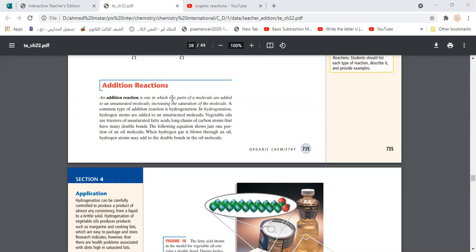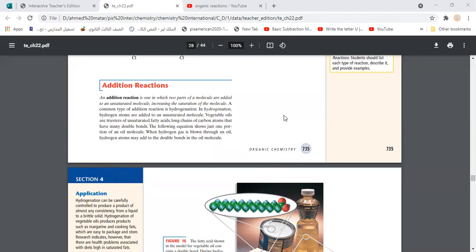Actually not, because each carbon in alkanes already has four bonds, so it's completely saturated and doesn't have any empty bond to be able to add new elements. So this kind of reaction is suitable for unsaturated hydrocarbons, that means compounds that contain double or triple covalent bonds, because in that situation the compound is unsaturated. Once we break these bonds and add elements, we convert it into saturated.